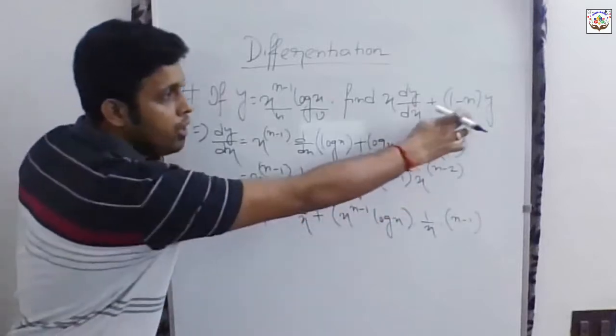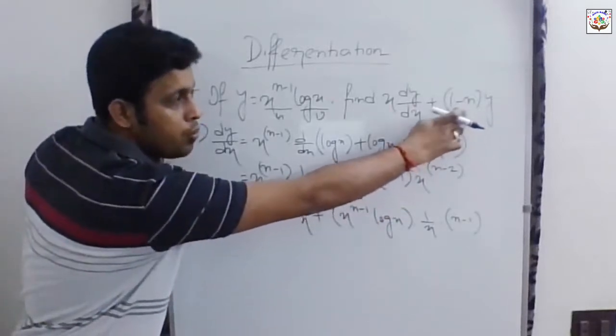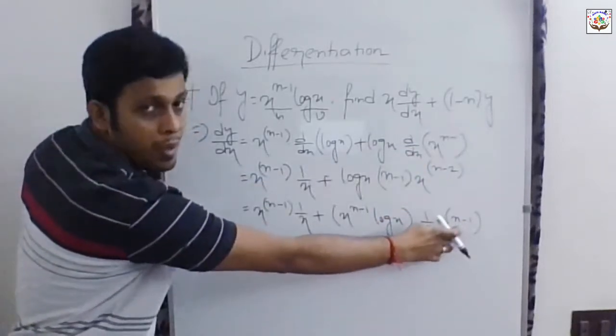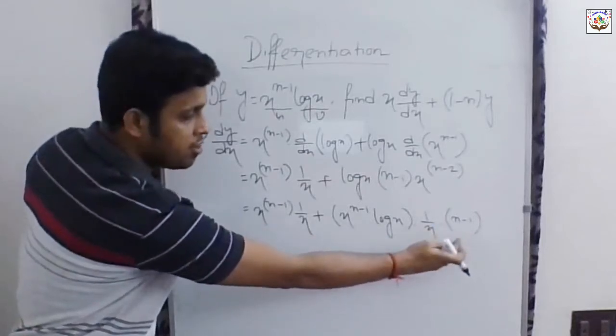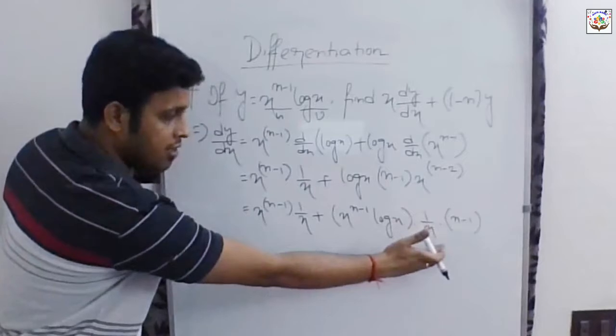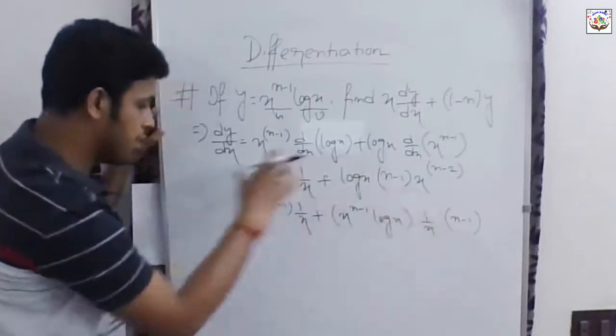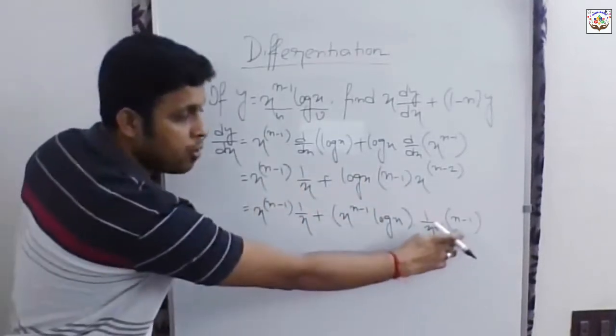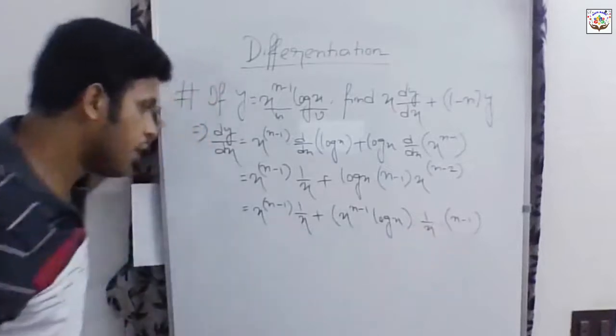And in the resultant we need to multiply it with 1 minus n. So we already have n minus 1. If we take this part from the right hand side into the left hand side, this will be 1 minus n, right?